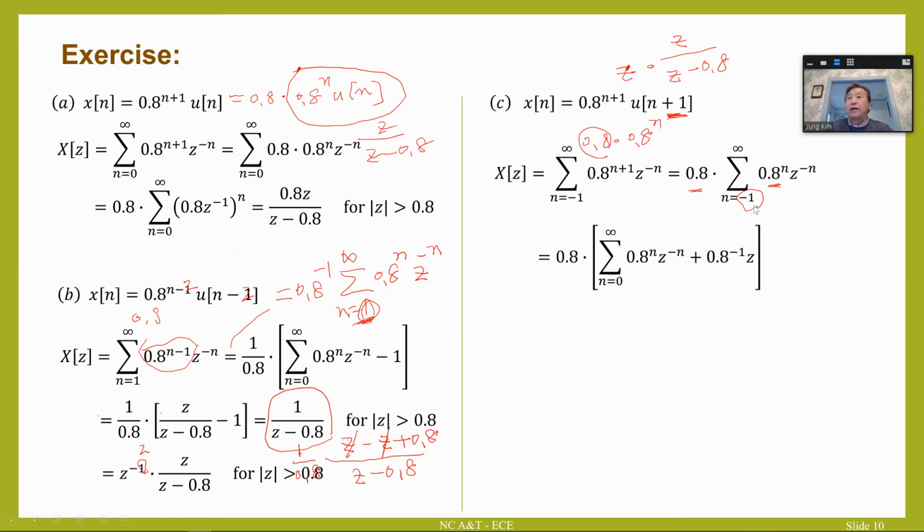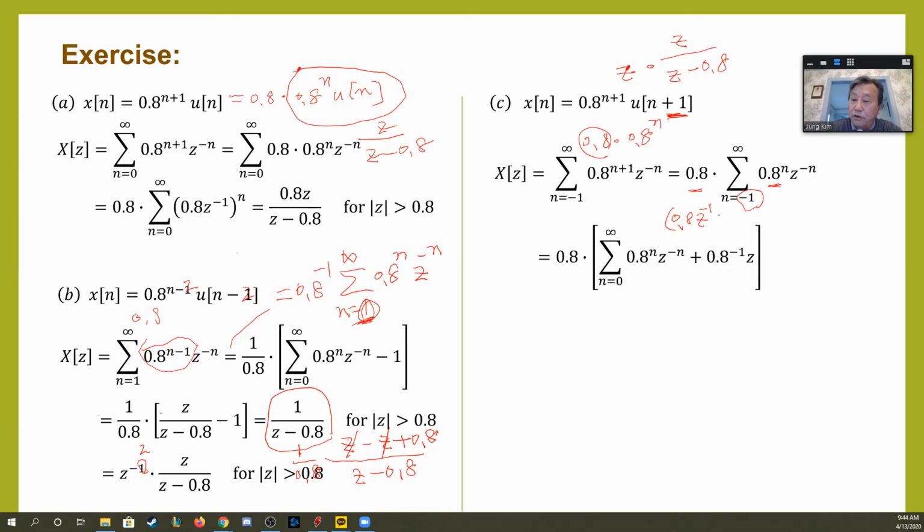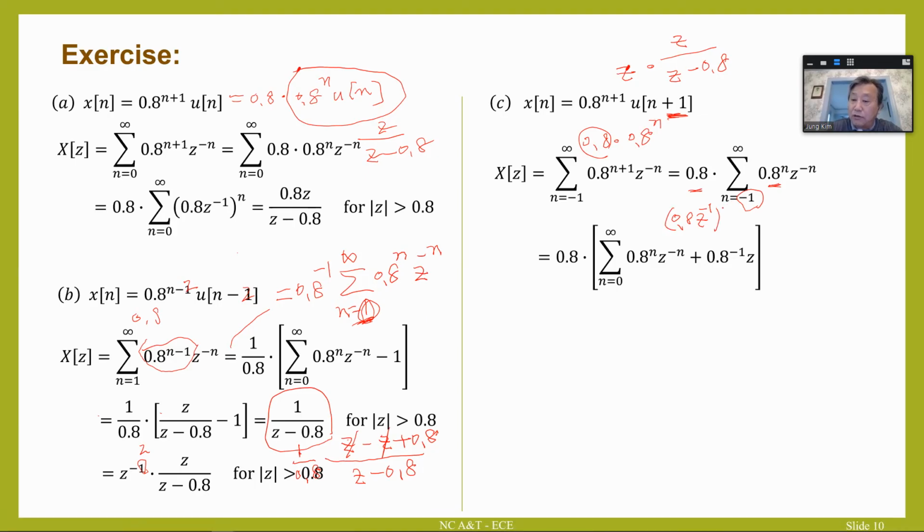So in the case of minus 1, you have to include 0.8 g to the minus 1. So using the n equals minus 1 case, this one is 0.8 to the minus 1, and g to the minus 1 is positive g. So you can do it like this.